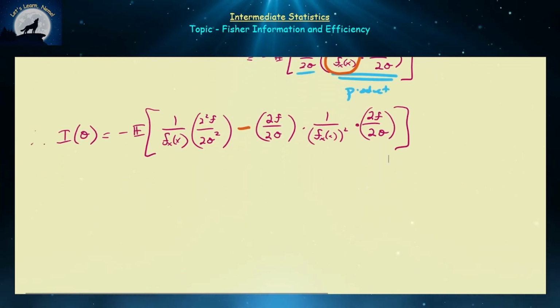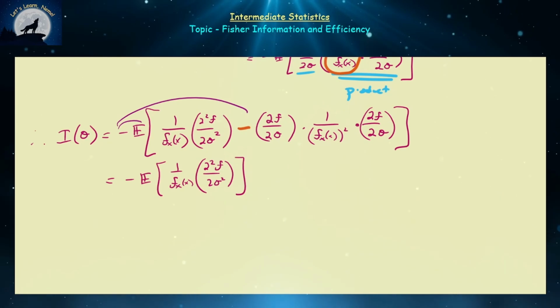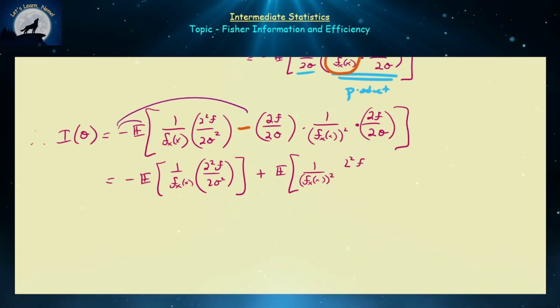So we have this particular expression, and what else do we have here? So we're going to have negative expectation of 1 over f of x times the second partial derivative with respect to theta. Let's distribute this minus sign, and so that's going to turn that to a plus. So we're going to have plus the expectation of 1 over f of x, the quantity squared, times partial f partial theta, squared.